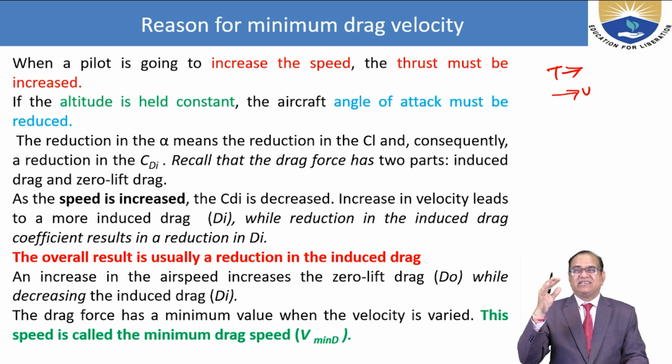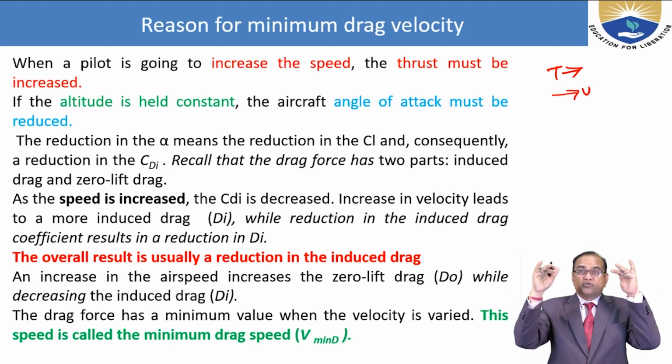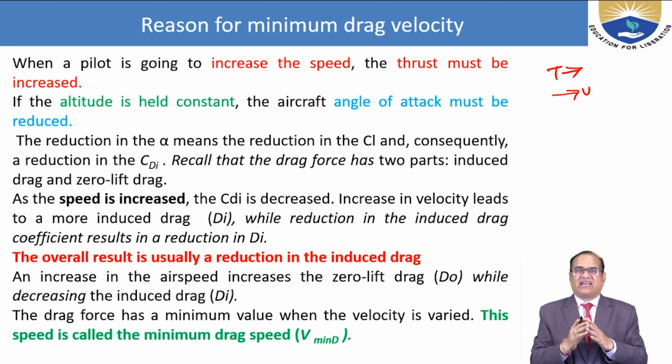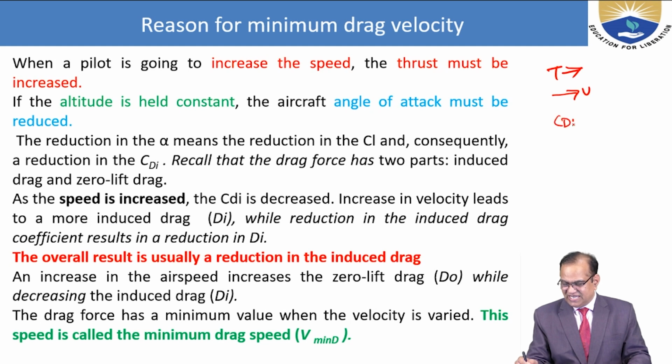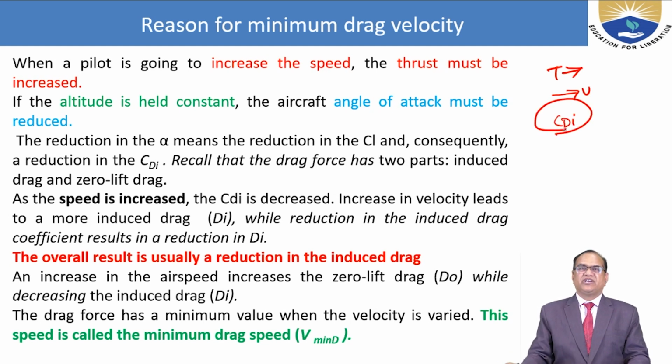If the velocity is increasing, lift will also increase, so we have to reduce the angle of attack. The reduction in the angle of attack means a reduction of CL, the coefficient of lift, and consequently a reduction in CDI.